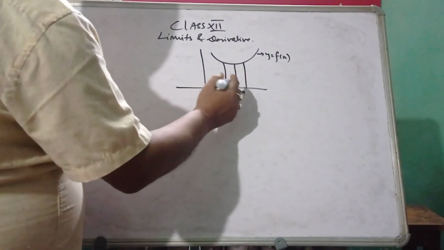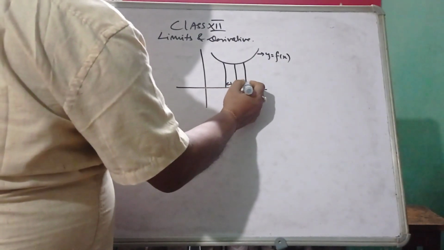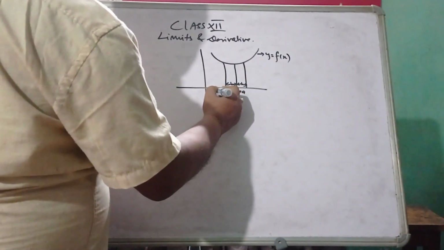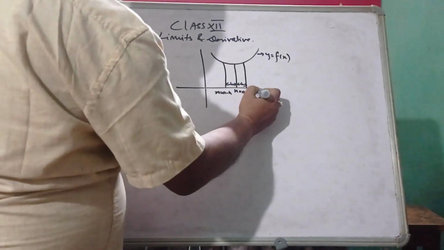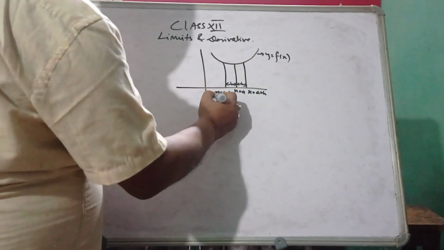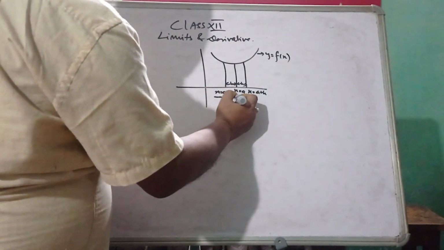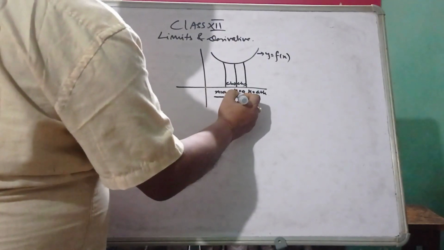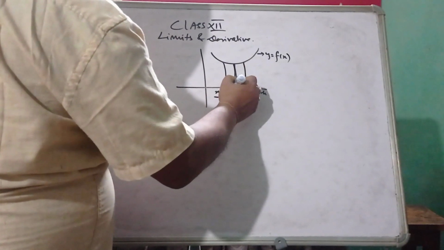You are moving from the left side, and this distance be h. So this point will be x is equal to a minus h, and this will be a plus h. So when you move from the left side, you are almost going to reach x is equal to a, then your result is f(a).